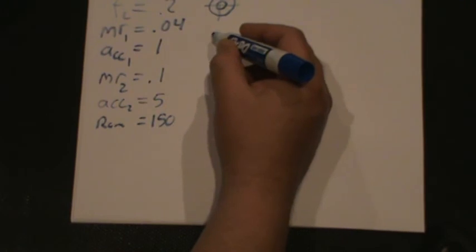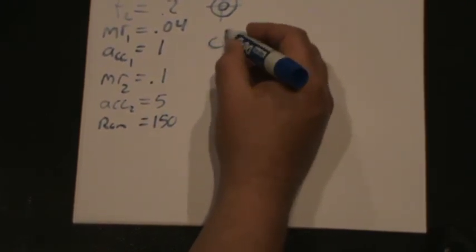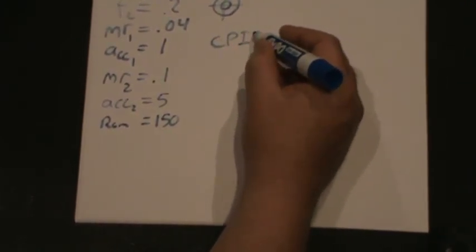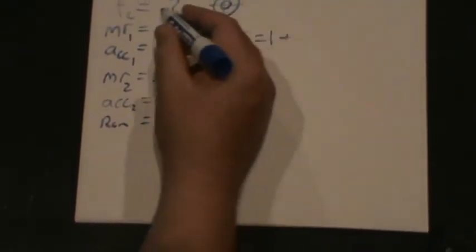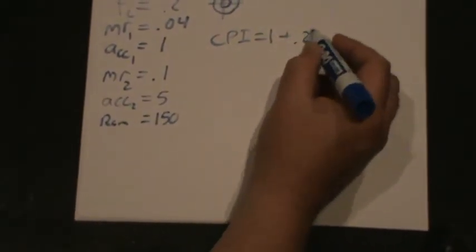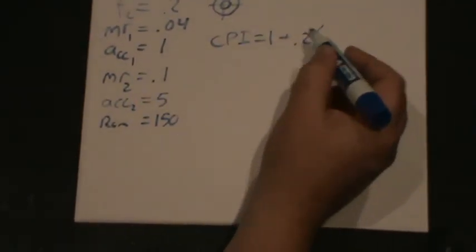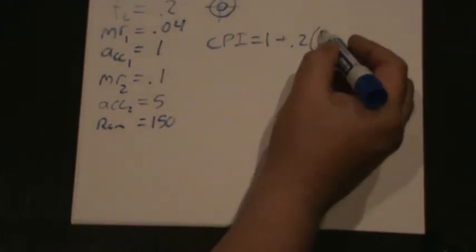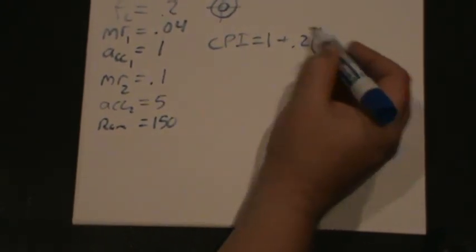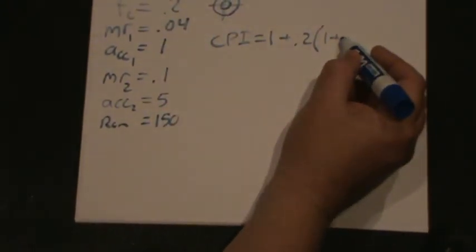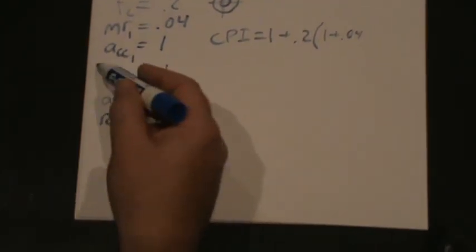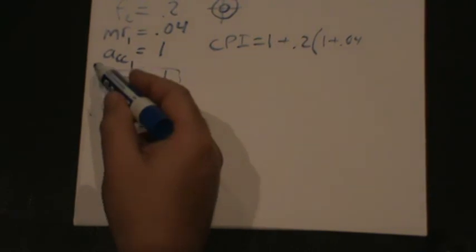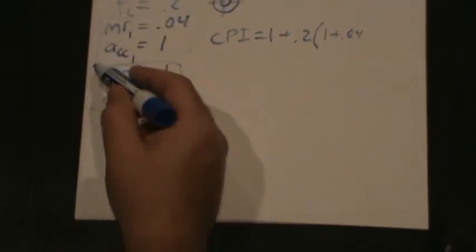Now, in this case, our CPI is always going to be our ideal one, plus 20% of the time we're going to have to pay the load. Every time on a load I have to access level 1. That's going to be the 1. And 4% of that time I'm going to have to go to the next level down. All right, so this is level 1, level 2.